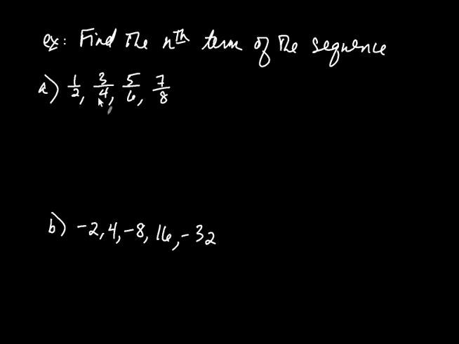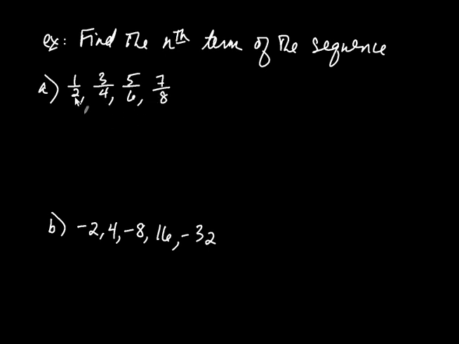Because look at the numbers 2, 4, 6, 8. So what do you do to the natural numbers? This has to correspond to n equals 1, n equals 2, n equals 3, n equals 4. I can see that if I multiply the n's by 2, I get the denominators.